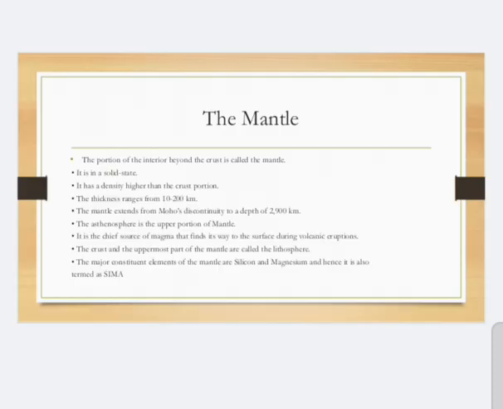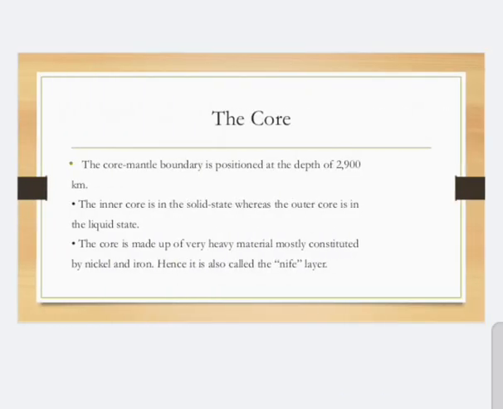The asthenosphere is the upper portion of the mantle. This is the chief source of magma that finds its way to the surface during volcanic eruptions. The crust and the uppermost part of the mantle are called the lithosphere. The major elements of the mantle are silica and magnesium, hence it is also termed SiMa.